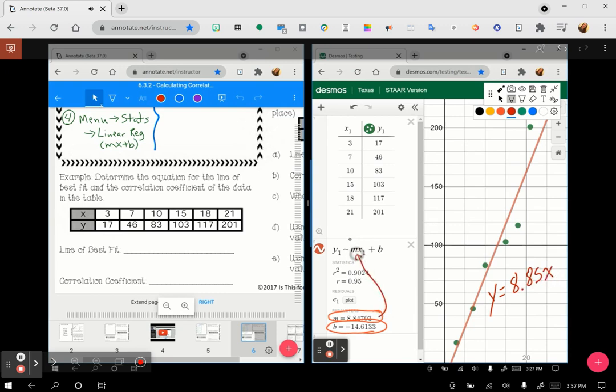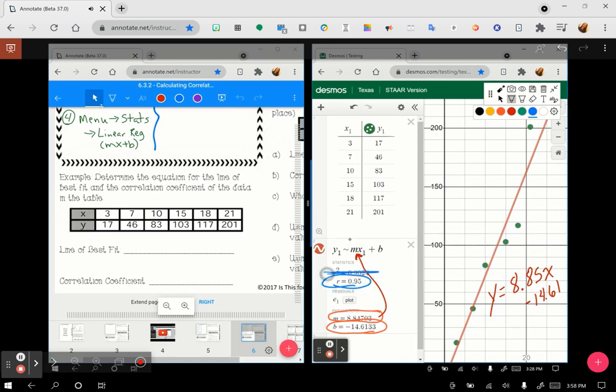My m is right there in front of my x, plus b, or minus 14.61. So there is my equation for my line of best fit using the slope and the y-intercept that I've been given. It also gives me my r.